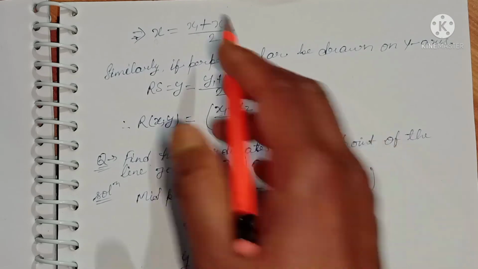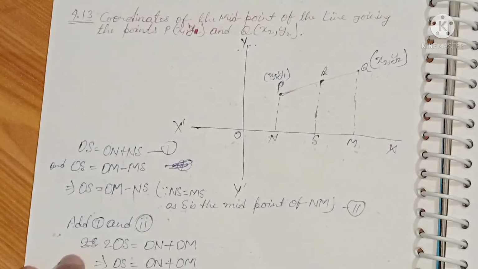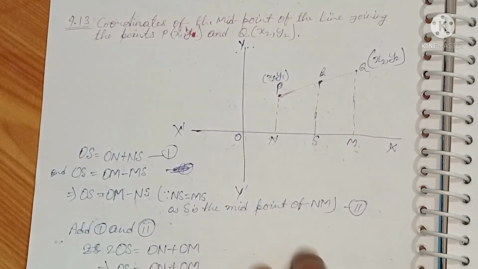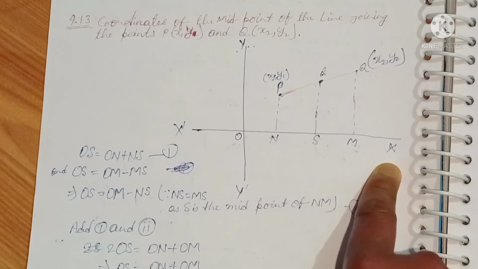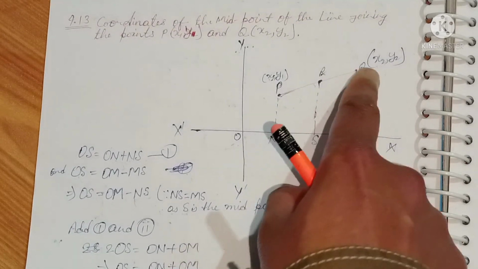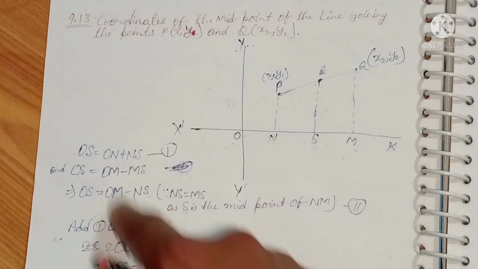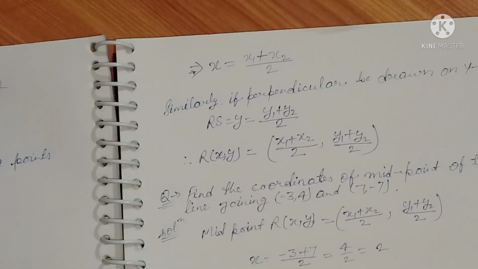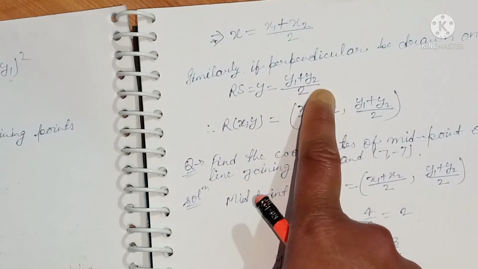Now it is clear, so X1 plus X2. In the same way, just as I drew the perpendicular from these points on the x-axis, if I draw perpendiculars from these 3 points on the y-axis, then by using a similar process I can get the y coordinate of R as y1 plus y2 divided by 2.